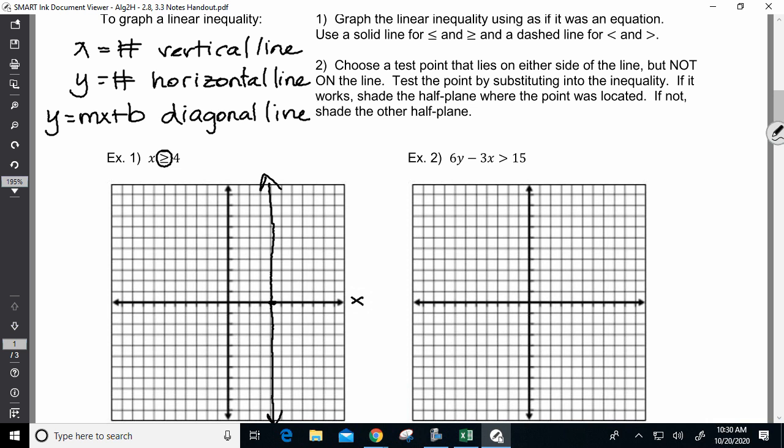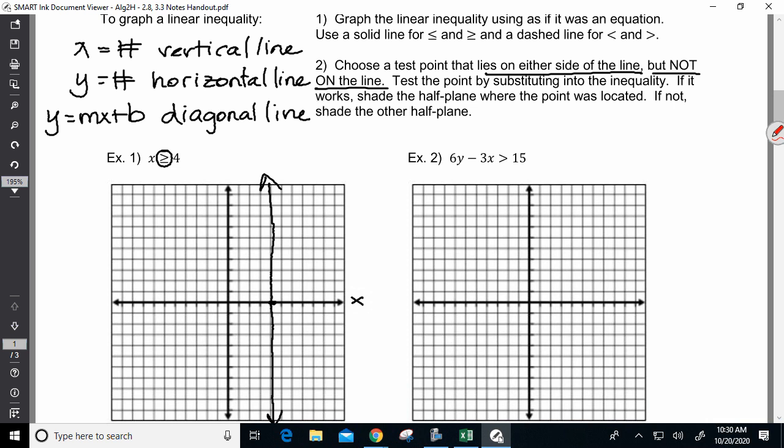Now, we choose a test point. So we choose a point that lies on either side of the line, but not on the line. You can pick whatever point you want to test, because we have to see which side is going to get shaded. Which place you pick doesn't matter. The only thing you can't do is be on the line.